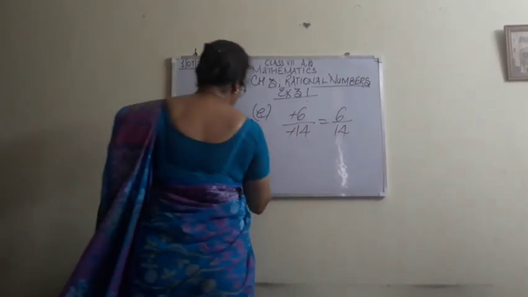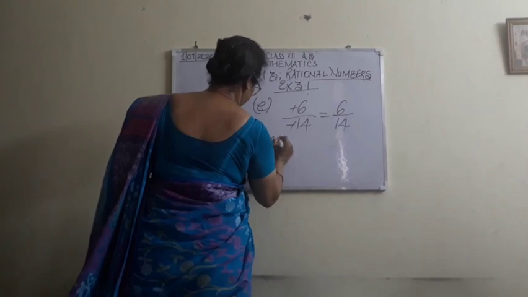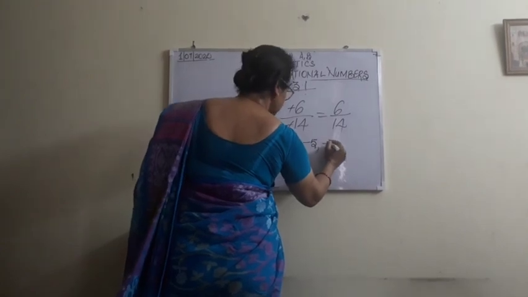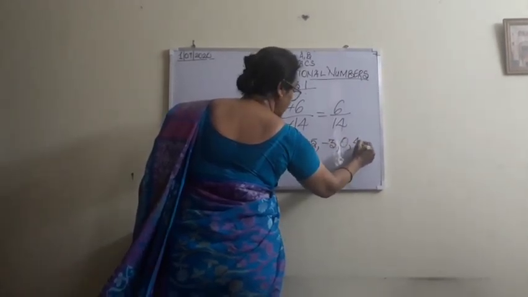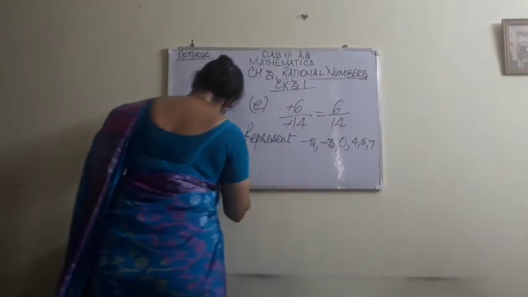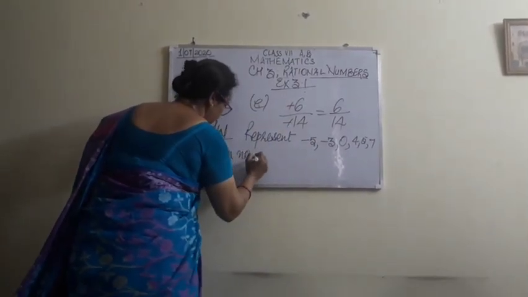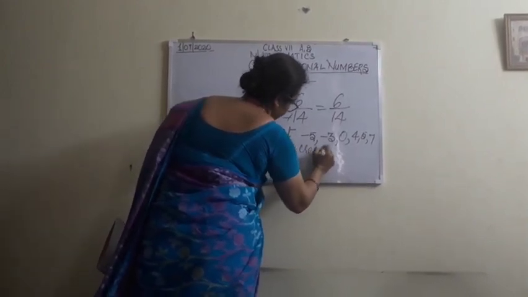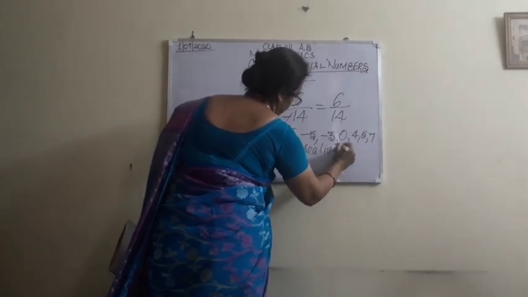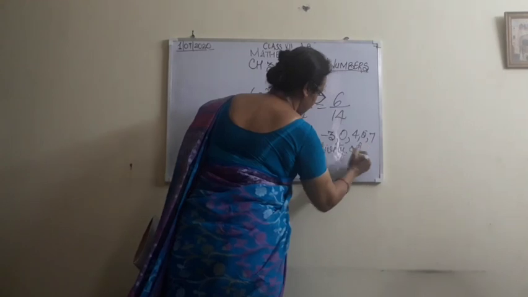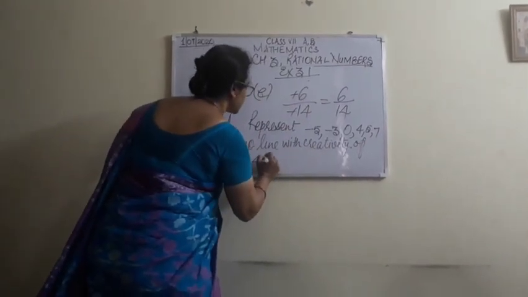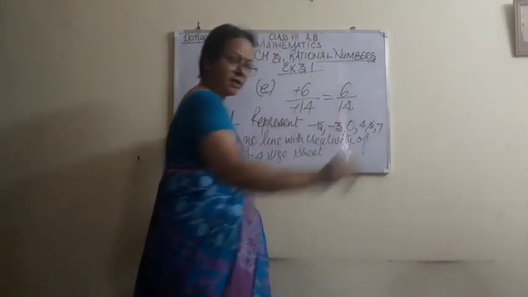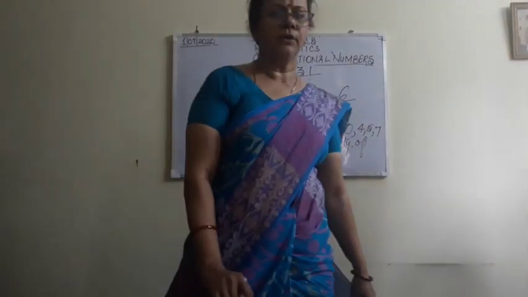So do this: represent minus 5, minus 3, 0, 4, 5, 7 on a number line with creativity, on an A4 size sheet. Okay students, I hope you will do it. Thank you and have a nice day.